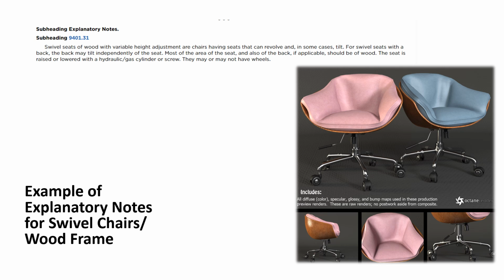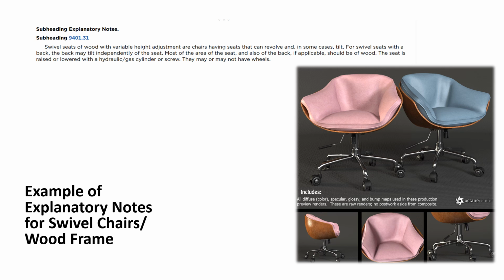So an example of that explanatory notes, if I go and use the Carl for subheading 940131, that is swivel chairs with a wood frame, it gives me a good description of the item that would be classified here.